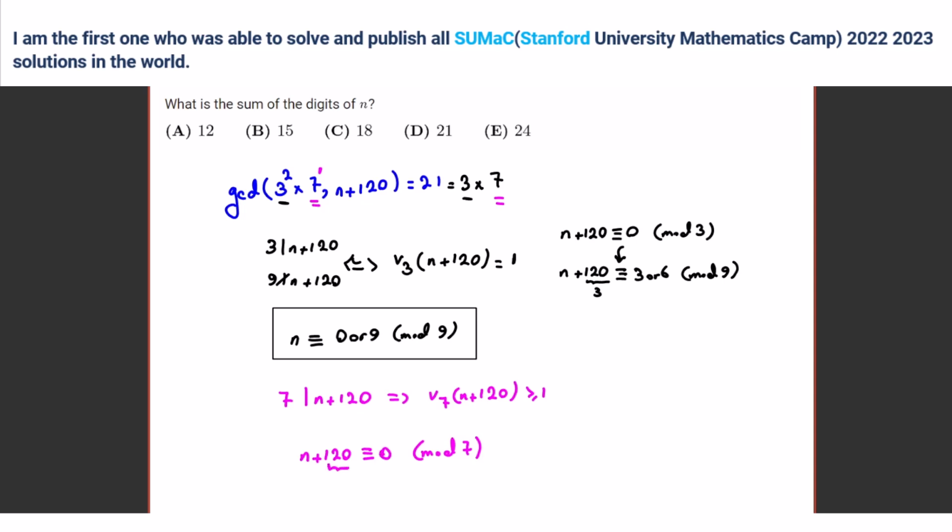Yes. 120 is what mod 7? 1. So n is what mod 7? 6. Exactly. So it is the second result, right?